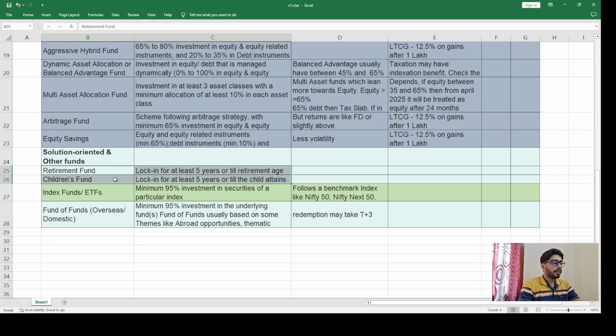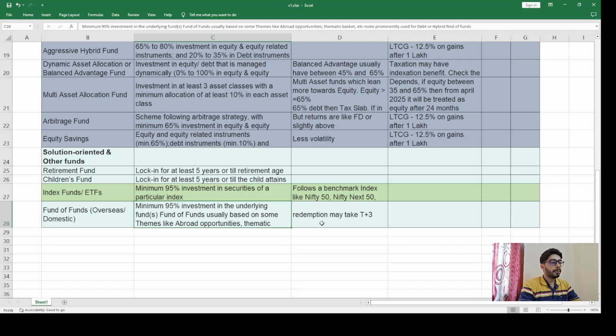Retirement funds are used for retirement goals, and children's funds are used for your children's education or related goals. And a fund of funds is like a basket of funds. They choose different funds based on whatever theme they are playing, or the idea or strategy they are following.